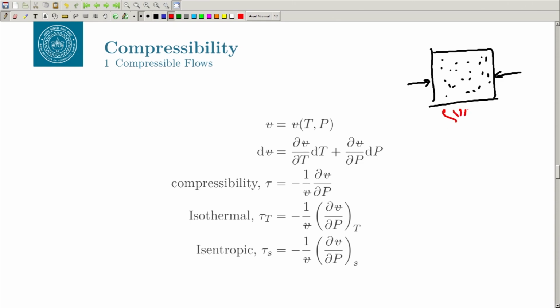So, the volume can change due to the temperature and due to the pressure. So, V is now V(T, P), and you can write dV as del V by del T dT plus del V by del P dP.